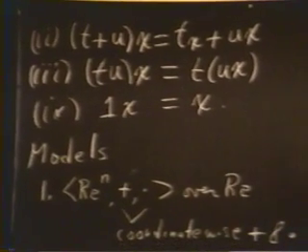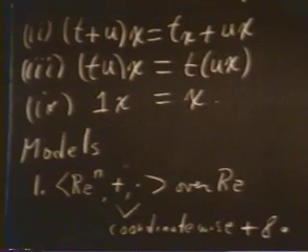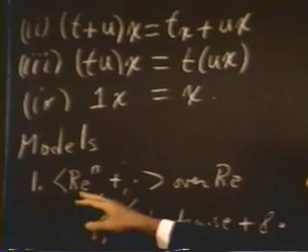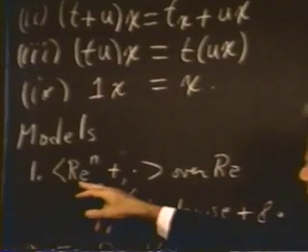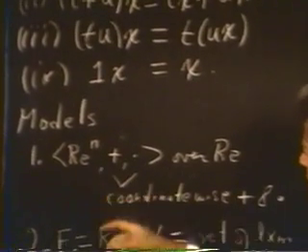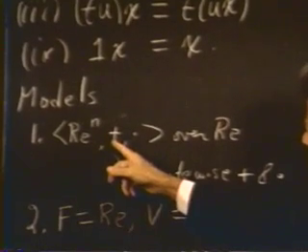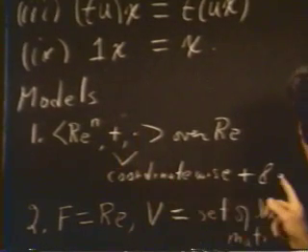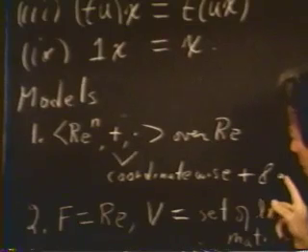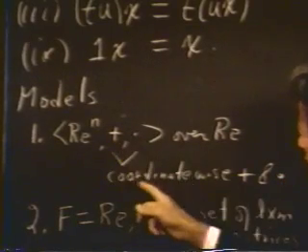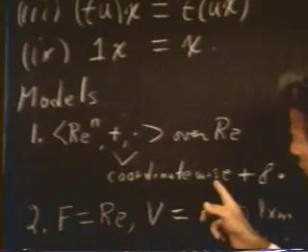Familiar models of these axioms: first, we take the Cartesian product of the real numbers n times, and we define multiplication by multiplication of each component of the vector by a scalar, and addition of two vectors as coordinate-wise addition.